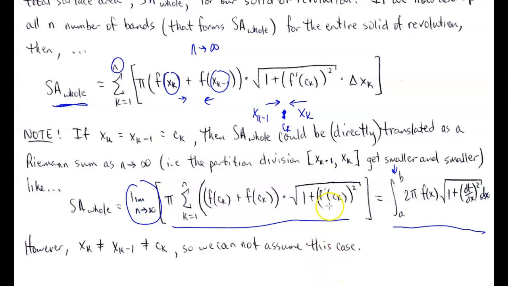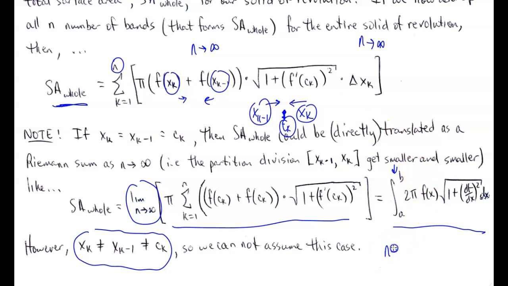Okay. Now, I note here that in reality, my x sub k minus 1, and the value that's supposed to be in it, c sub k, are not actually equal to one another. But remember, the idea is that as n approaches infinity, theoretically, these three numbers are all going to converge upon each other.